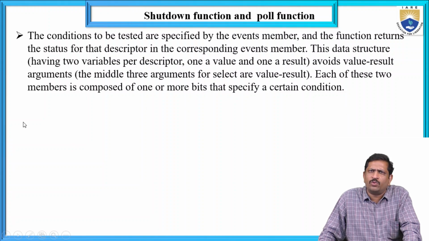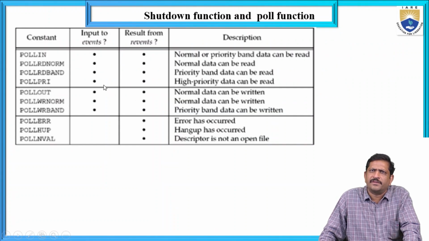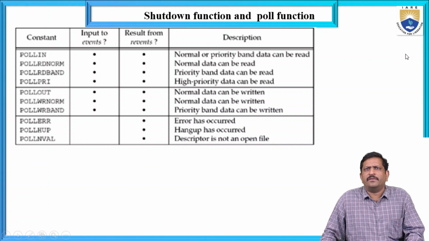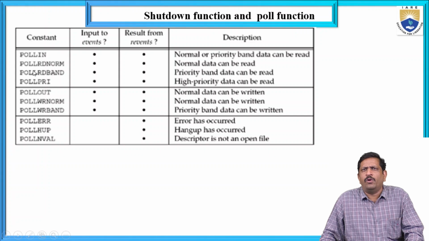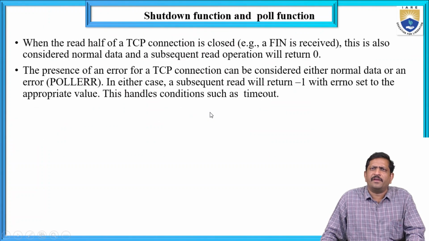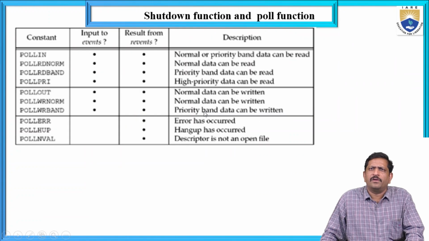Each of these two members is composed of one or more bits that specify a certain condition. If you see the table for this, the conditions are POLLIN, POLLOUT and so on. The number of conditions is given in the table.